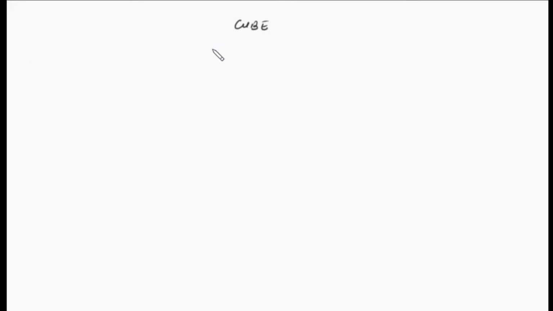So the cube is the square prism. What does this mean? This means that the cross section is going to be a square.